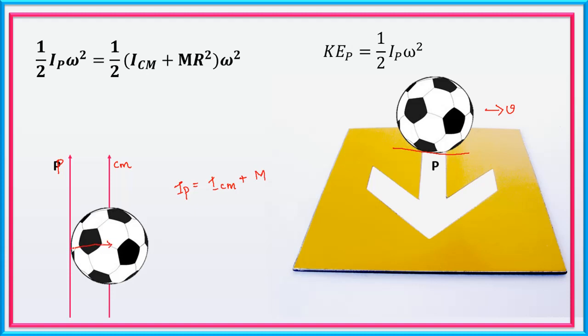The distance between these axes is nothing but the radius of the ball, that is m r square. Therefore, the kinetic energy about the point P can be calculated as half IP omega square is equal to half, we can substitute for IP as ICM plus m R square, into omega square.